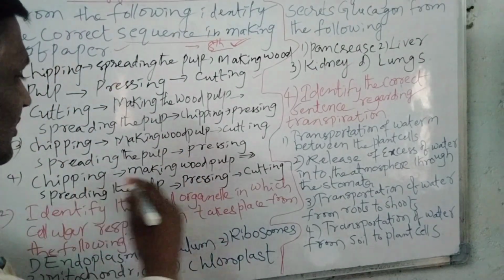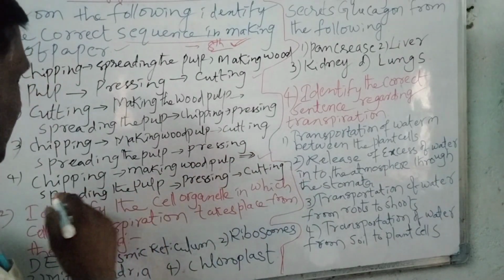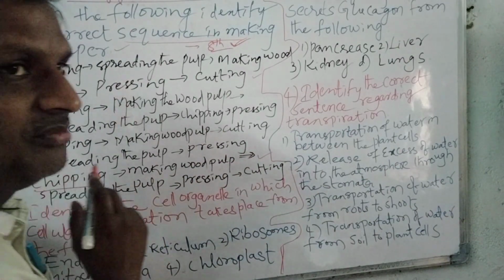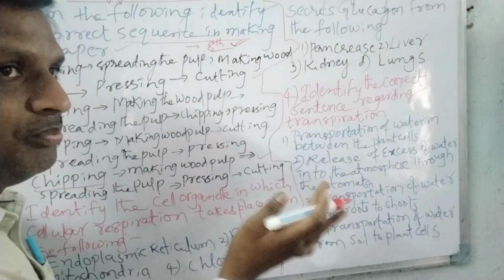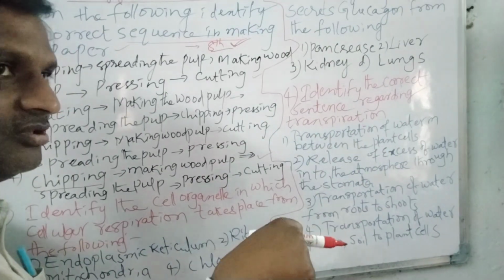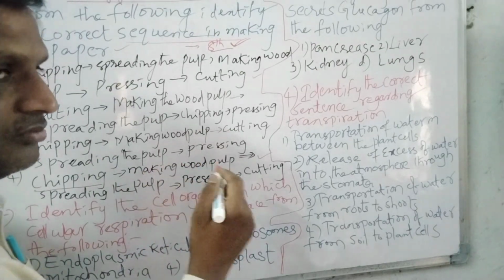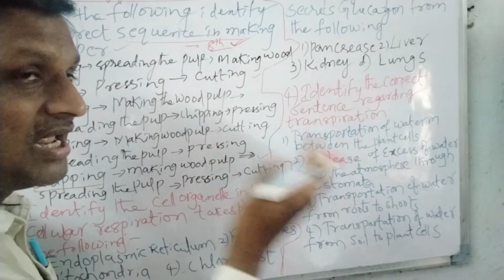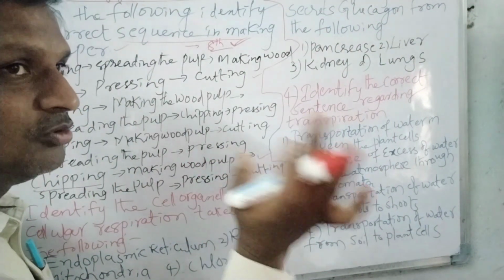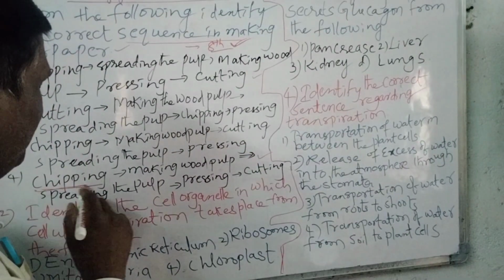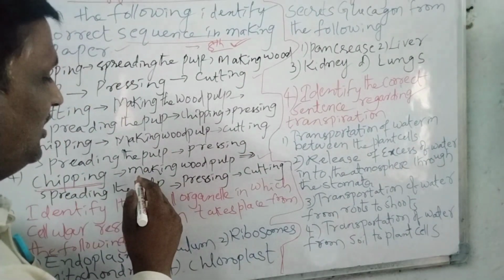If you see here, the answer is the fourth one. Why? Because the first one is chipping, which means the wood is breaking into pieces. It should divide into pieces, that is called chipping.